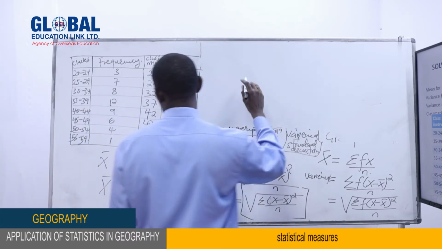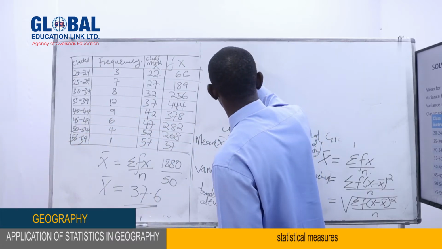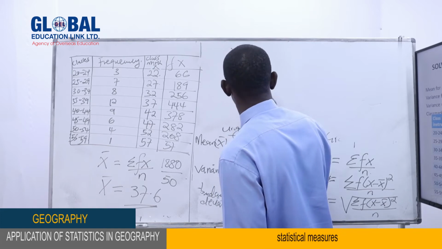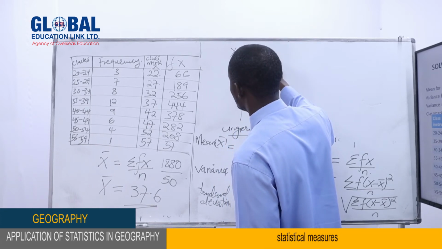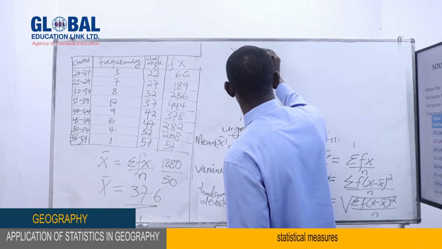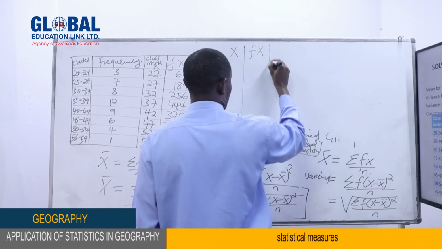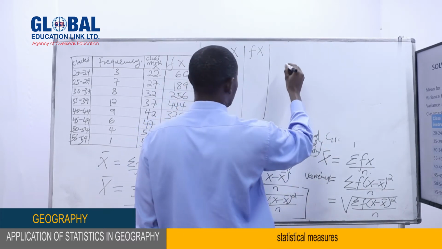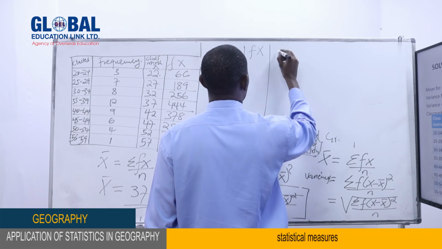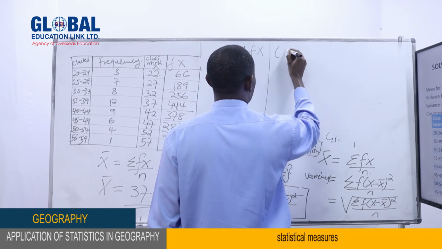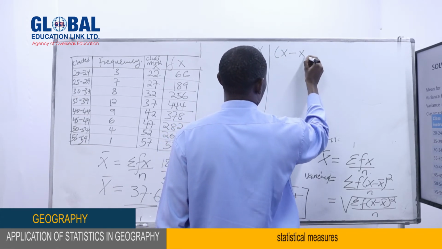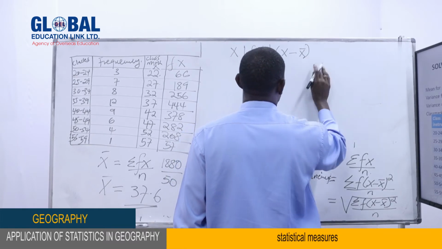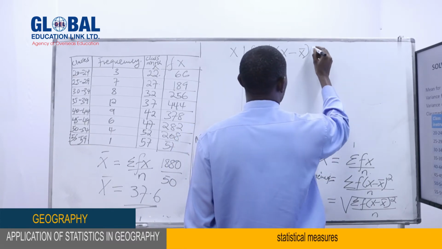Then we establish another column that will be x, and then we have fx. Then we have another column for the bracket x minus x bar, squared.